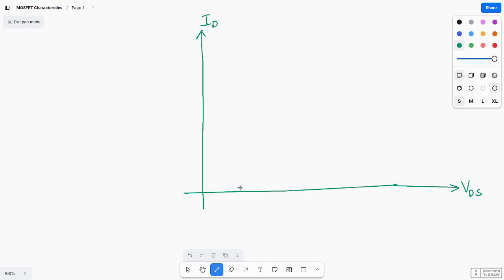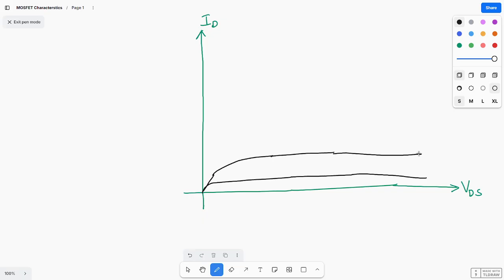Here you are getting the characteristics like this, and here like this you are getting, and here like this you are getting.